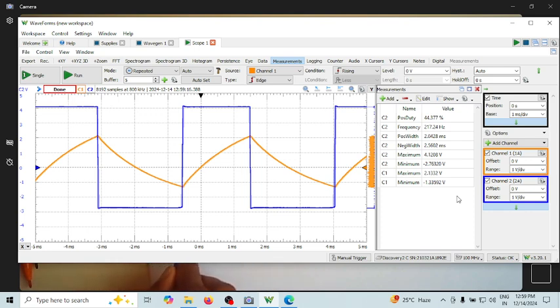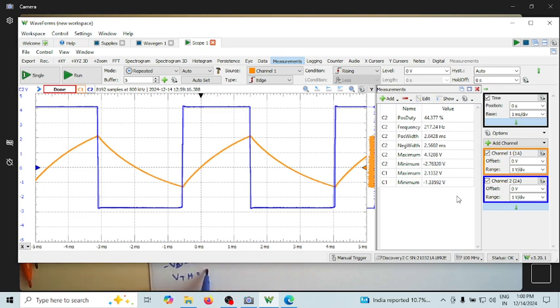T off is 2.56 millisecond. C2 max is plus Vsat, which is 4.12 volt. Minus Vsat is minus 2.76 volts.